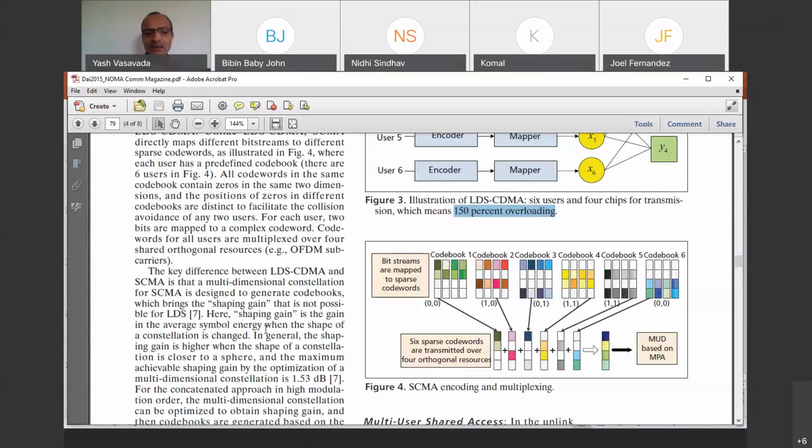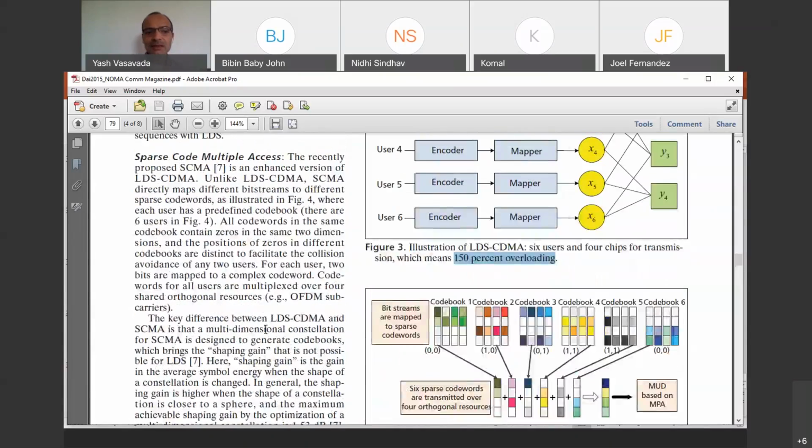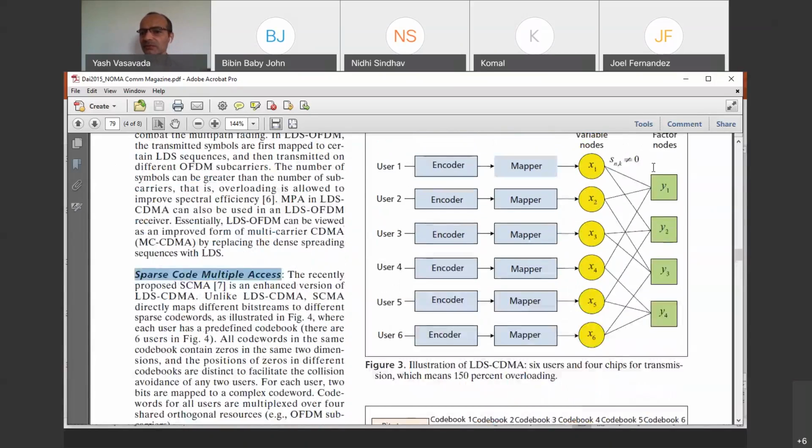So again, here the idea behind this sparse code multiple access is similar to the LDS CDMA, and one can actually formulate this type of graphical structure even for SCMA.